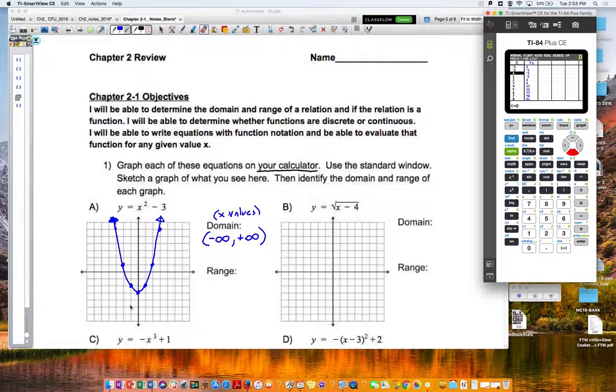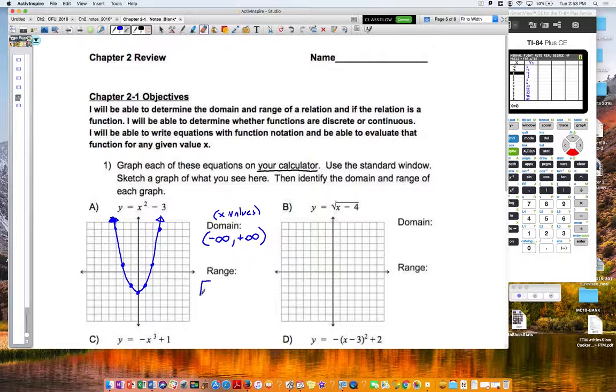So my y values go from negative 3, and we use a bracket to say we're including it, to positive infinity, with a parenthesis. Again, remember we use parentheses anytime we use infinity or don't want to include the point, and brackets when we do include the point.